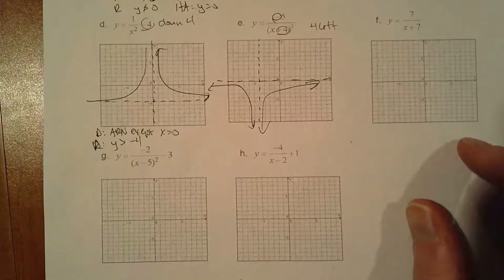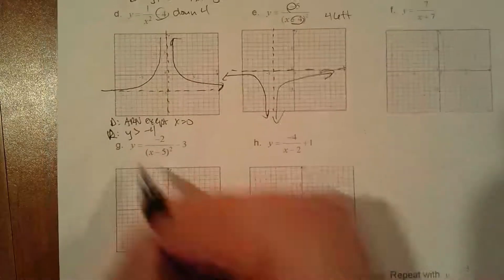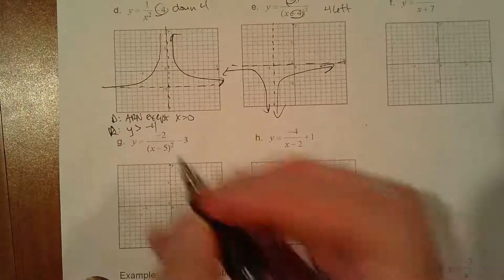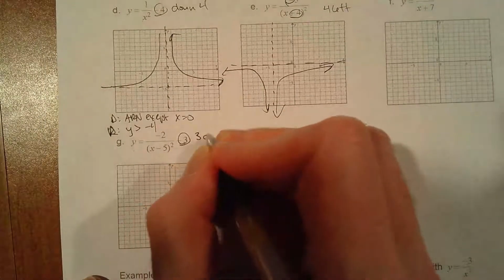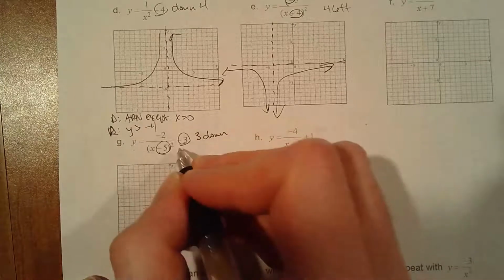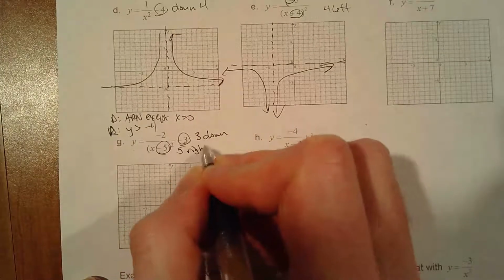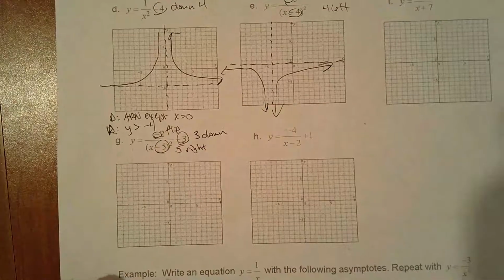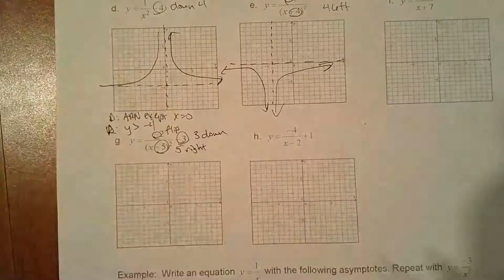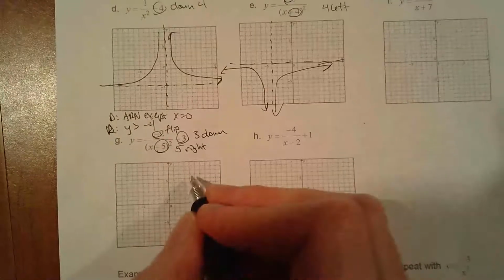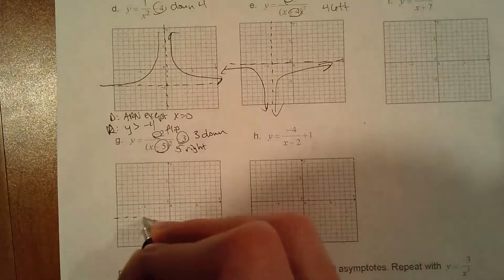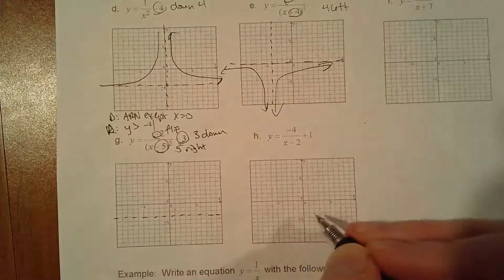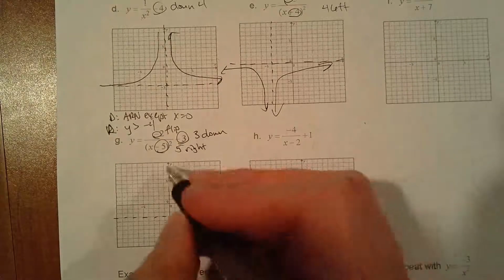And then let's just say, maybe I'll do letter G, and then we'll get down to the bottom. So this is 3 down, this is 5 right, and that negative means flip it. So I got things going on here. So I think of those crosshairs that were at 0, 0, now it's going to be 3 down, 1, 2, 3, there's my horizontal asymptote at y equals -3, 5 to the right.